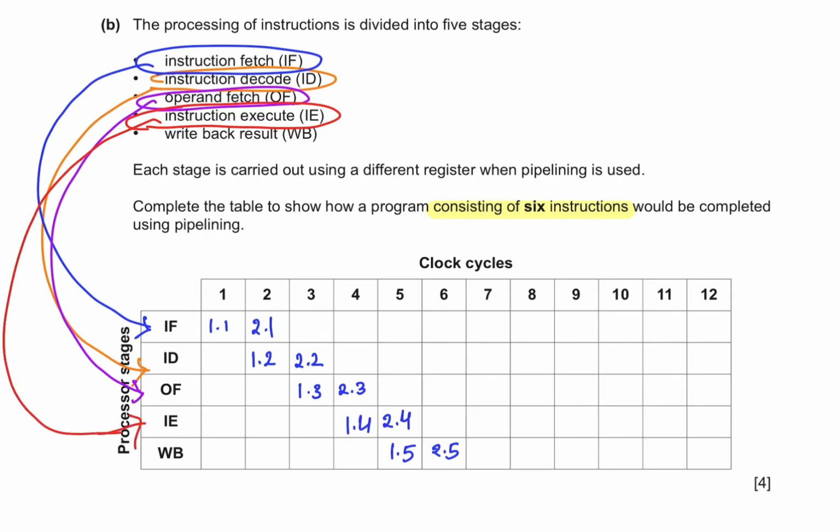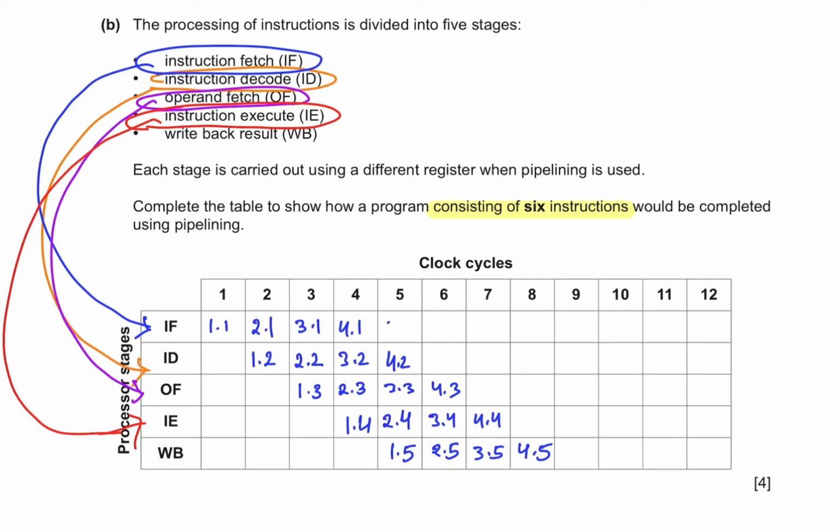Okay, 2.5. Now 3.1, 3.2, 3.3, 3.4, 3.5, 4.1, 4.2, 4.3, 4.4, and 4.5.